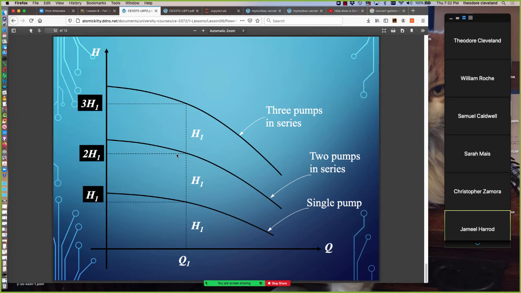If we put a second pump in, this is showing that it actually doubles. There's the 2-pump curve, and then the 3-pump curve for 3 pumps in series. Now, real pumps don't add quite this cleanly. So the 3 pumps in series for a given flow rate isn't necessarily going to produce 3 H1, probably more like 2.8 or 2.7. But for conceptual design, just adding them is sufficient.